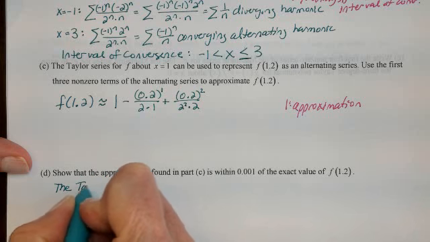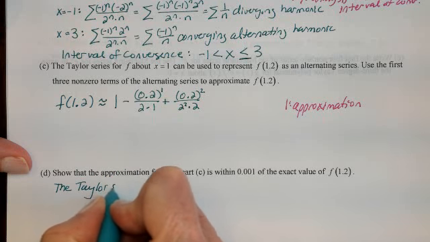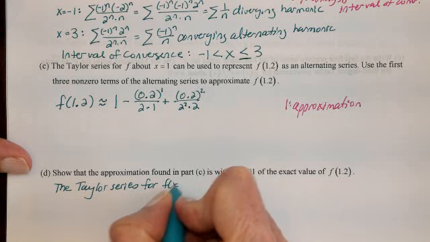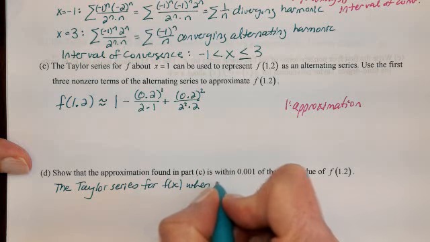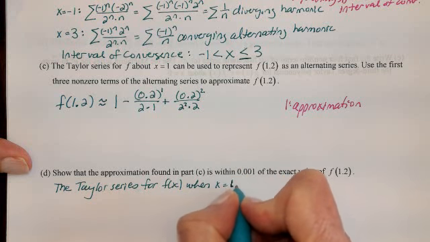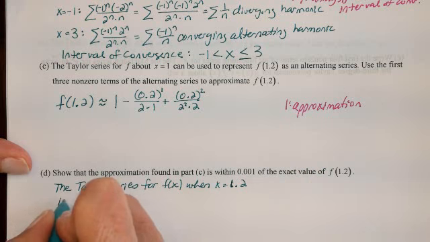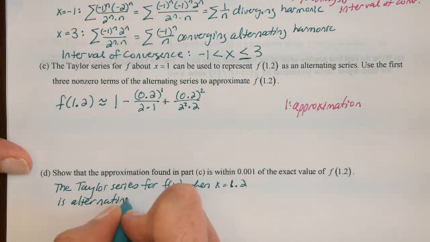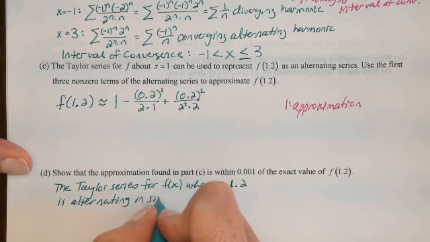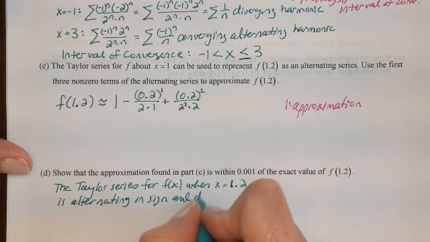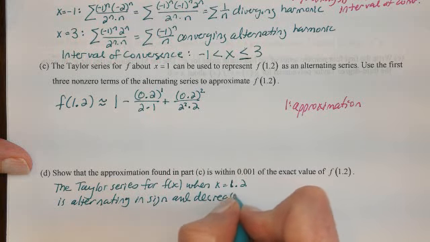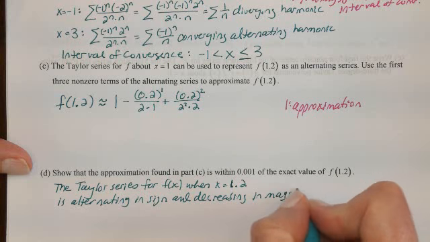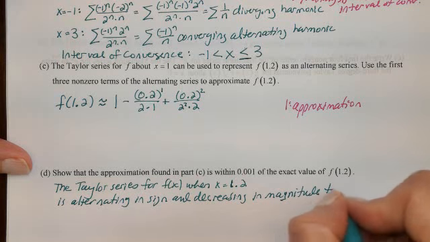the Taylor series for f of x when x is 1.2 is alternating in sign and decreasing in magnitude to 0.